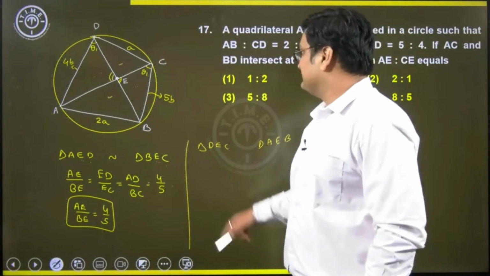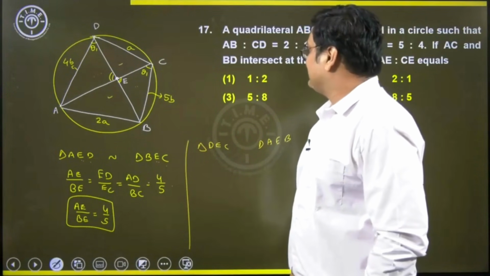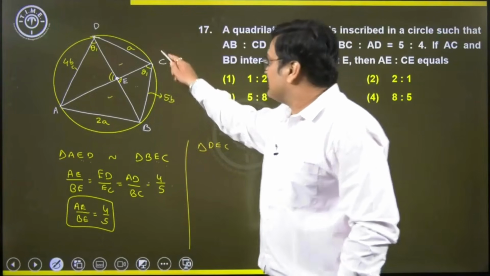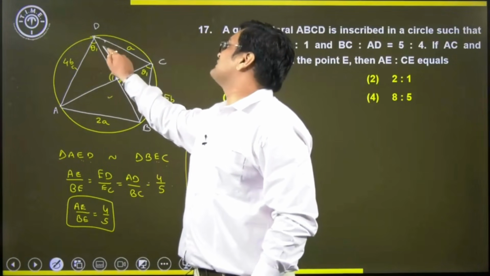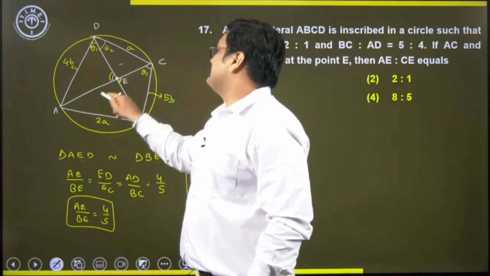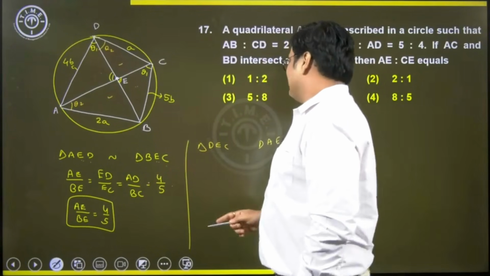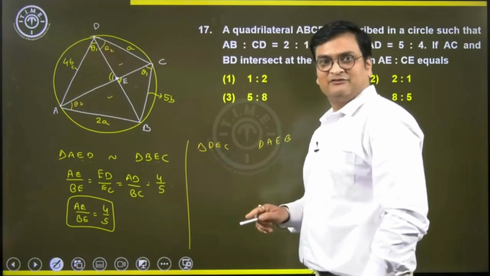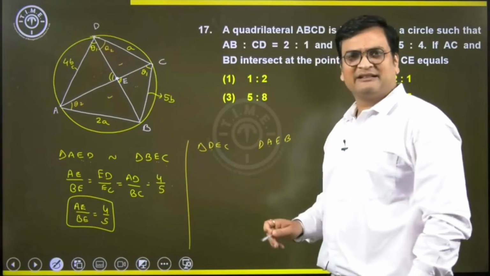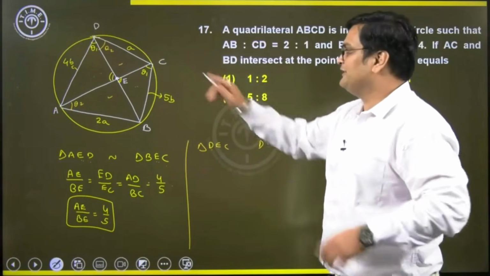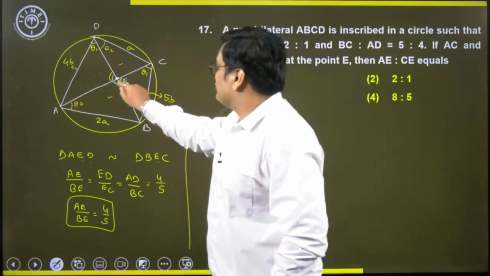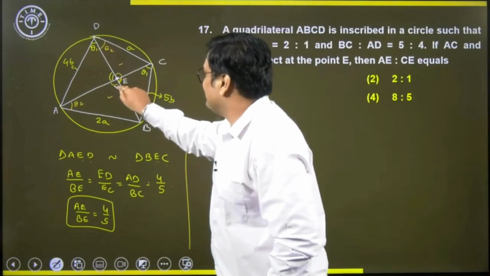So again, in this triangle, if you take the chord BC, the chord BC subtends an angle of θ2, suppose here. So can I say the same angle will be subtended at A also? It will also be θ2. So that means the angle D here in this triangle will be same as angle A here in this triangle. They will be equal, θ2 and θ2 also. These two angles, can I say, are vertically opposite angles again?